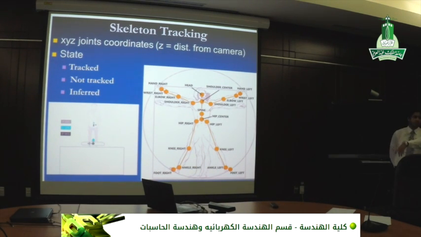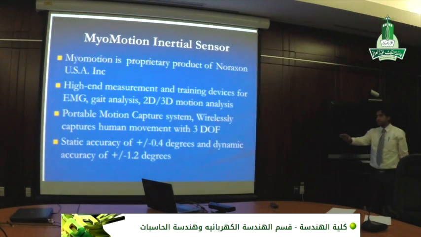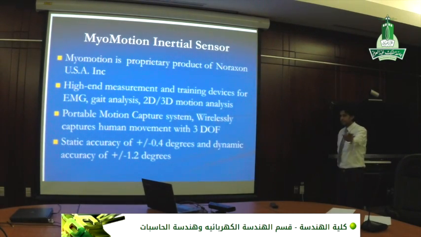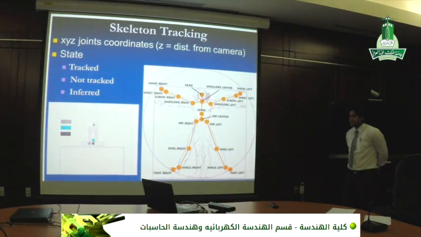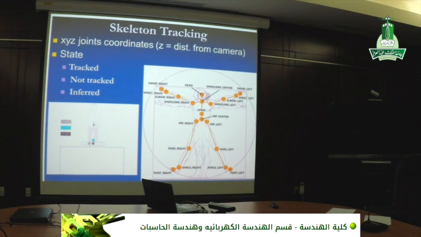The z is the distance from the camera to the subject. Y is the upward movement, and x is the horizontal movement. The tracking motion provides us with 3 states: whether the Kinect is tracking, not tracking, or inferred. The inferred state comes into the picture when somebody moves sideways and a part of the body is not being recognized properly.